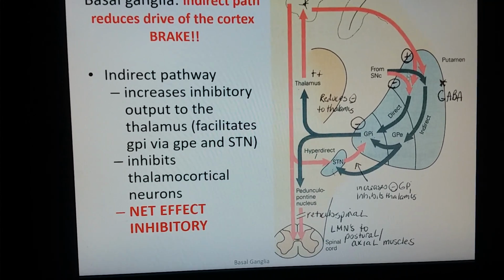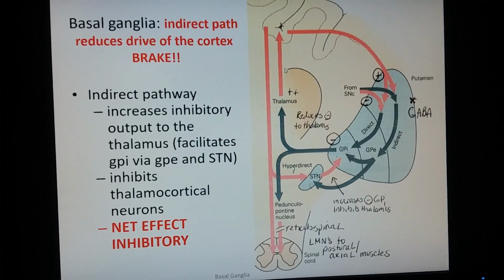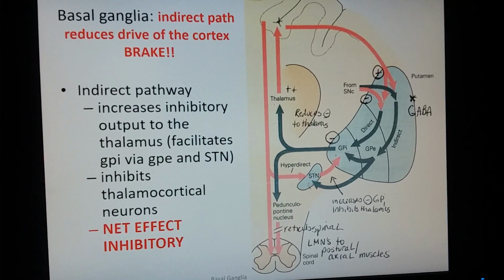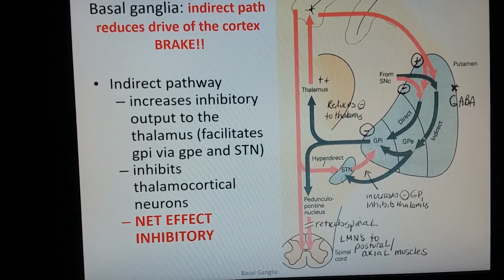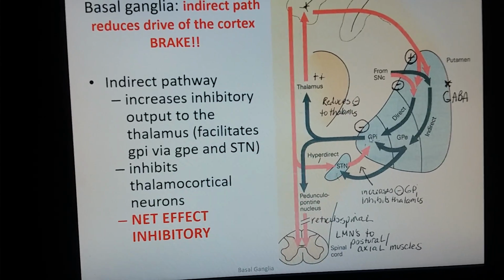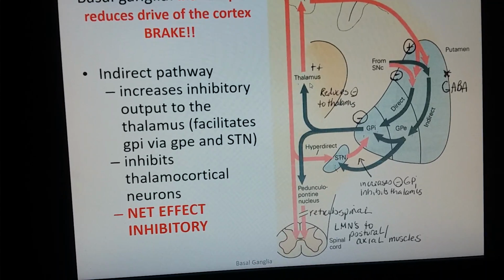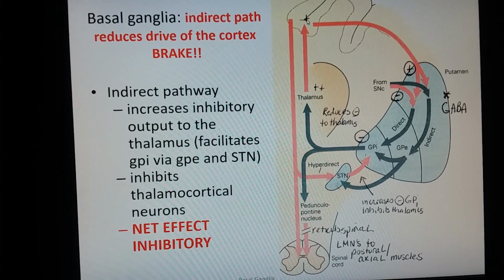Okay, so it's a little bit longer, but the net effect of all that, now that we have that extra step in there, is that it actually turns on the GPi, which means the GPi is sending a lot of inhibitory input into the thalamus, which reduces the amount of information that gets back to the cortex.